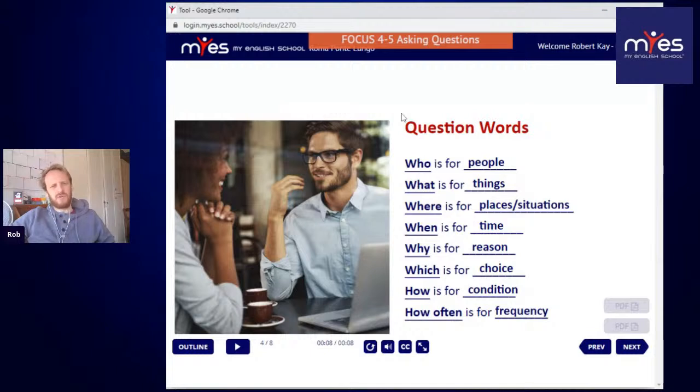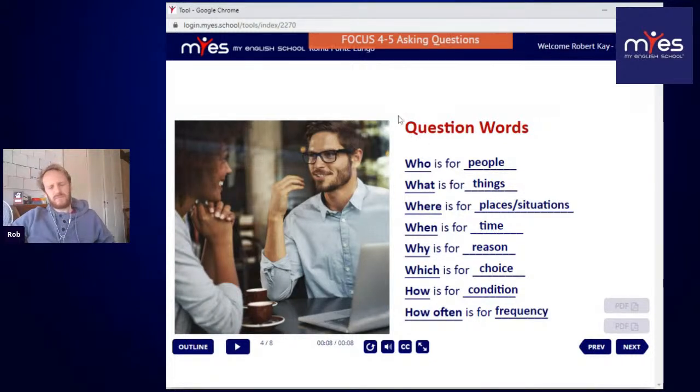How often do you play football? Would be for the frequency, the number of times. So response would be, I sometimes go to the gym, or I always go to the gym, or I go to the gym 2 times a week, for example.